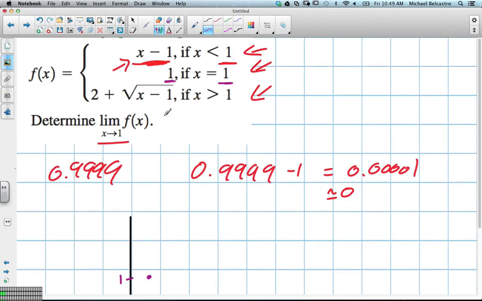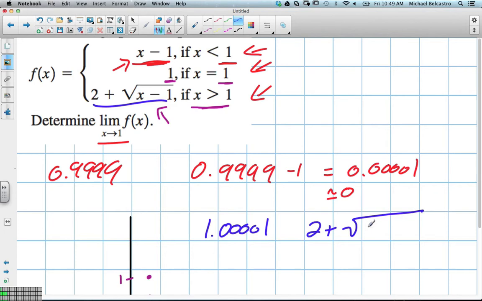And finally, the top part, when x is greater than 1. We'll use a value, let's do this in blue, something like 1.00001, and plug it into this function. So we have 2 plus the root of 1.00001 minus 1, which will give us what in this end? This will be approximately 0, so it'll be like 2 plus 0, approximately a value of 2.